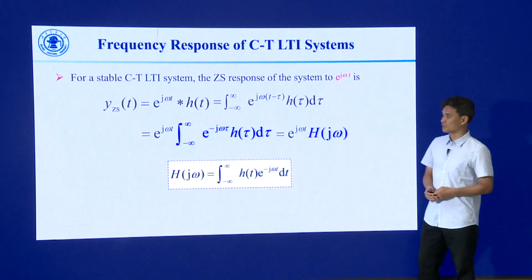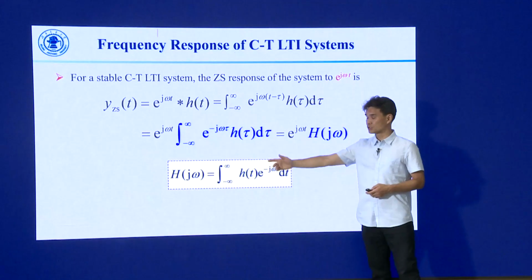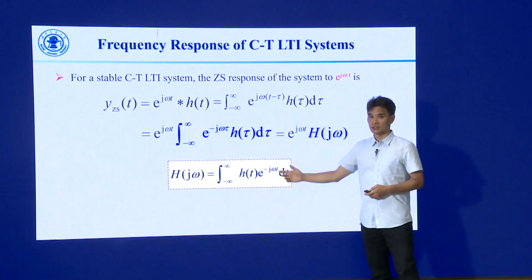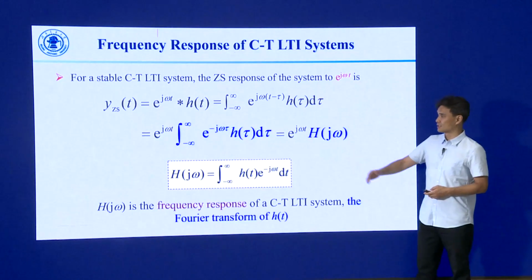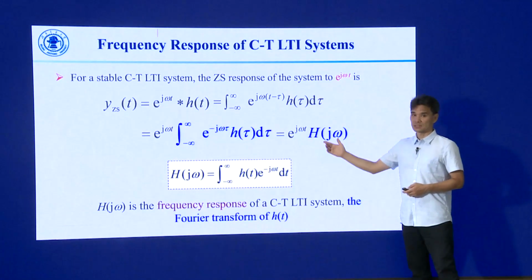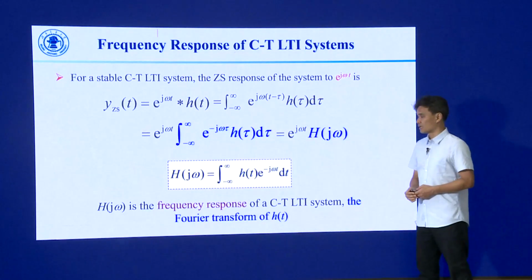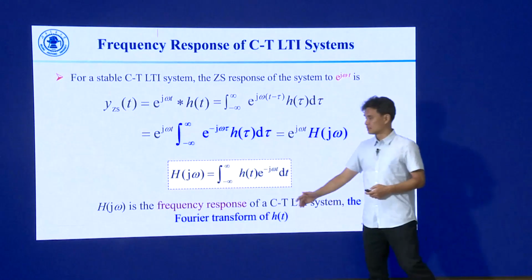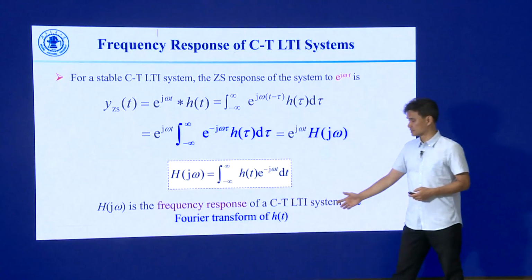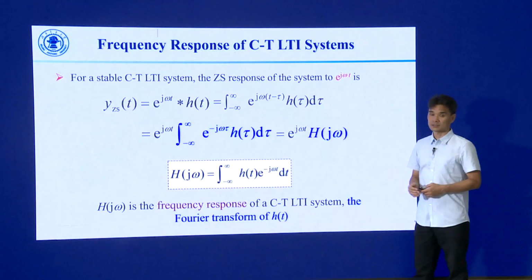So if we define capital H(jω) as the spectrum of h(t), then this is the final result for the zero state response. And we define H(jω) as the frequency response of the system.